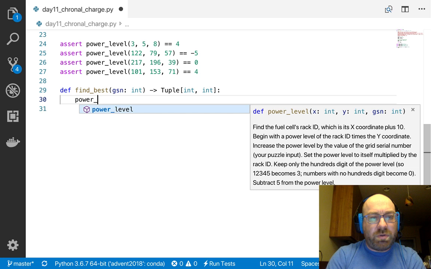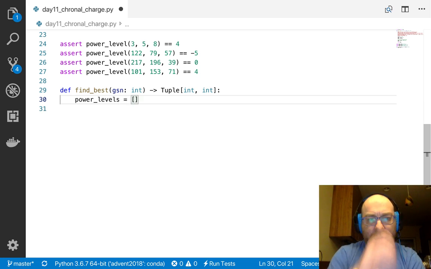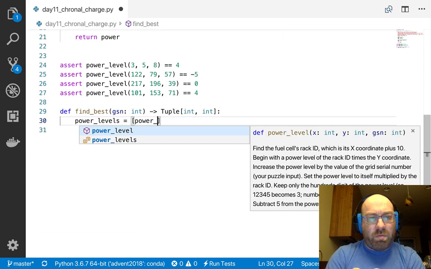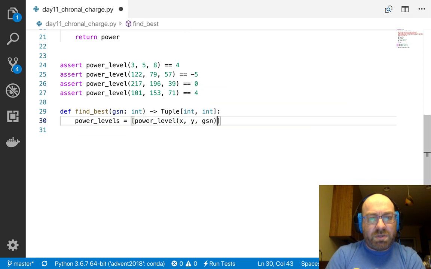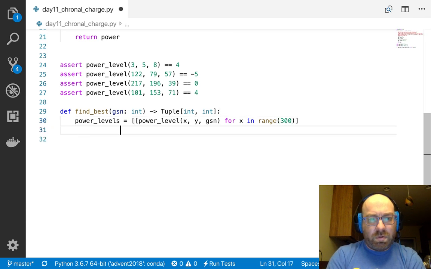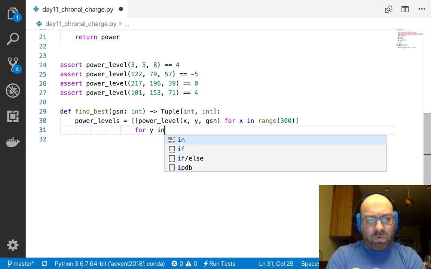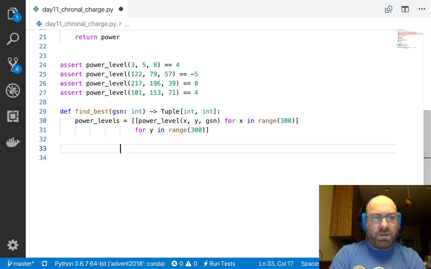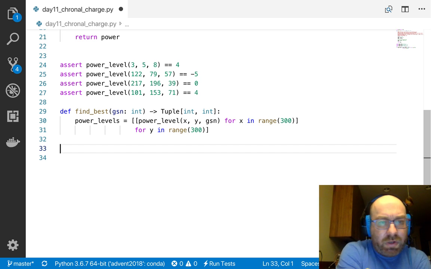Power levels. So power levels equals power_level of X, Y, GSN. So we're just going to do a list comprehension for X in range 300, for Y in range 300, and this shouldn't be too bad, I don't think.